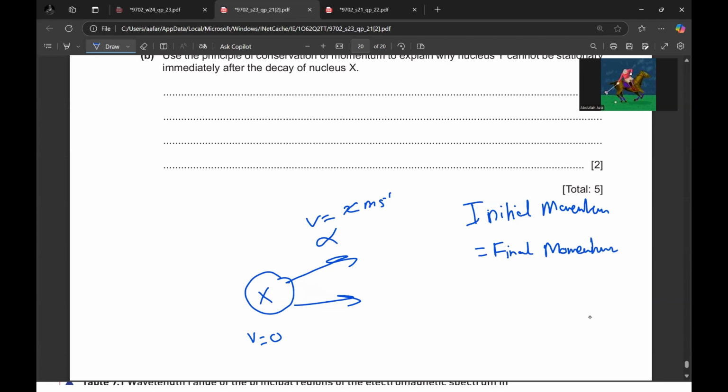The initial momentum is 0, and the final momentum is the alpha particle, whatever its mass is, which is 4 atomic mass units, times v, plus the momentum of Y. Y cannot be stationary.